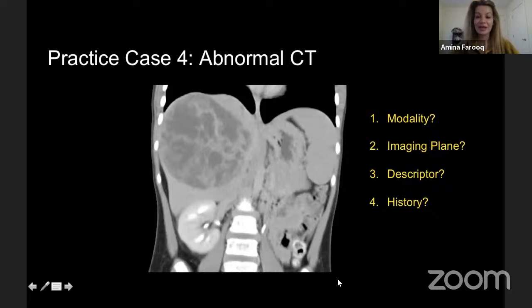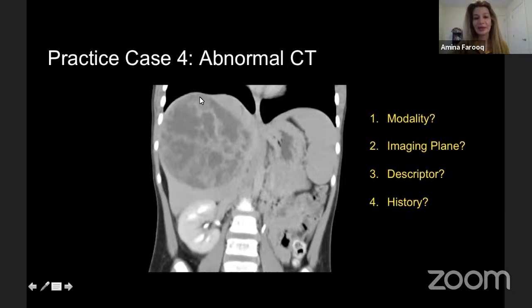And if you guys have ideas about what this finding could be as I describe it, feel free to type it into the chat box. So again, we're looking at a CT scan in the coronal projection and coronal plane. And we see the base of the lungs. We see a little bit of the heart here, the spleen, the bowel, some contrast in the kidneys, the spine.